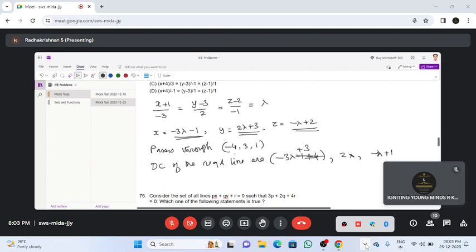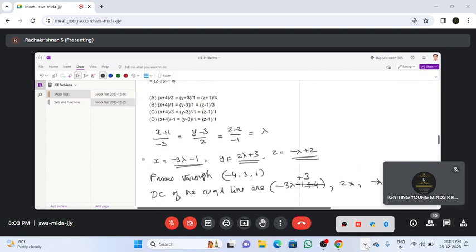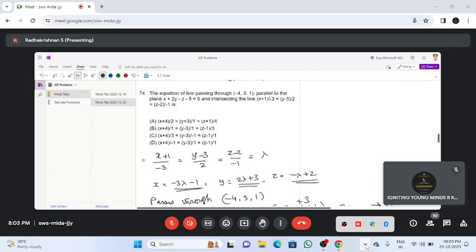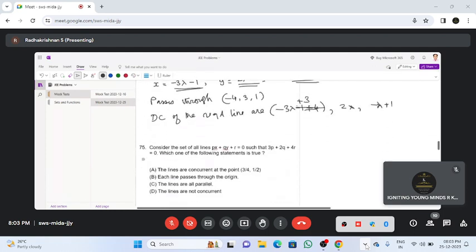So this is the direction coefficient of the required line in terms of lambda. Now we have to determine lambda. For that, they have given us one more data point: it is parallel to the plane x plus 2y minus z minus 5 equal to 0.